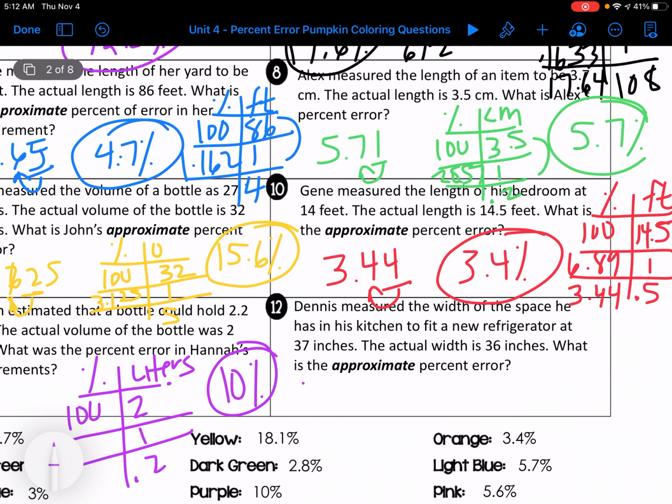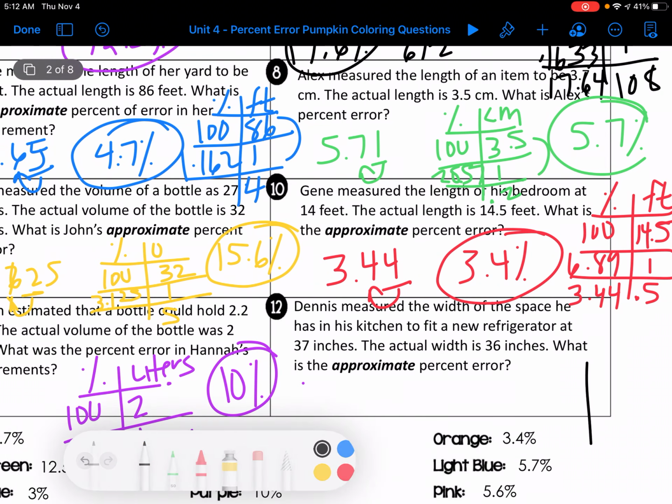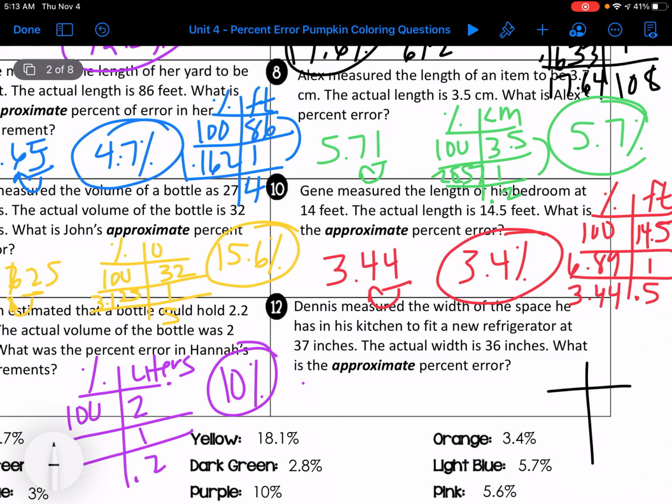The last one is Dennis's kitchen. Dennis measured the space for his refrigerator as 37. The actual width was 36, so he's off by an inch. But the refrigerator then is not going to fit.